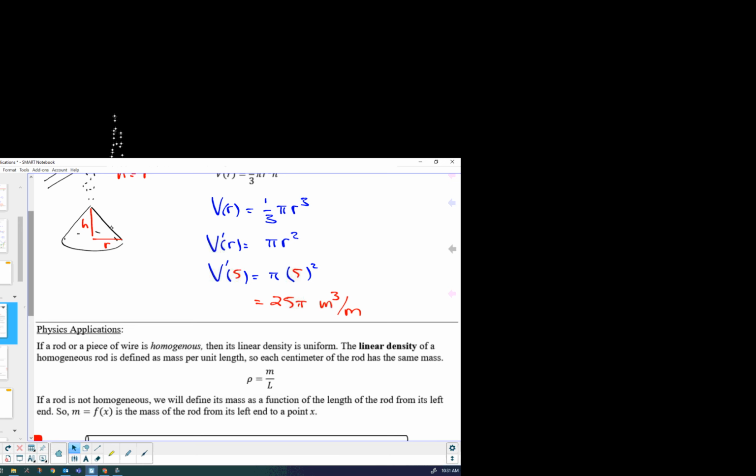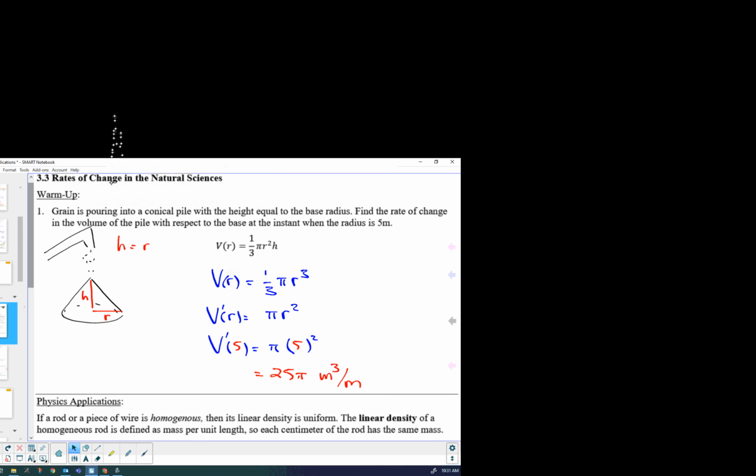I take the derivative because I want to know the rate of change in volume, which is my y value, with respect to the base radius, which is my x value, at the instant, so it's an instantaneous rate of change, for which we need a derivative.